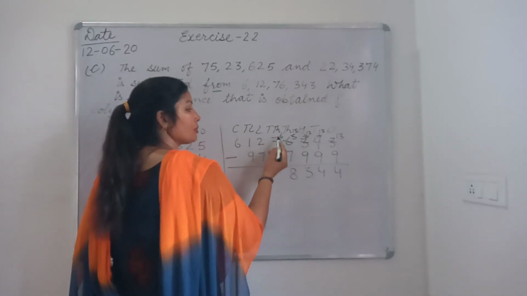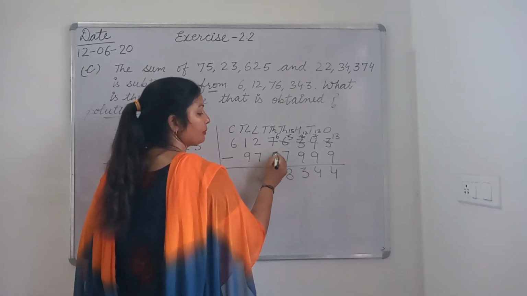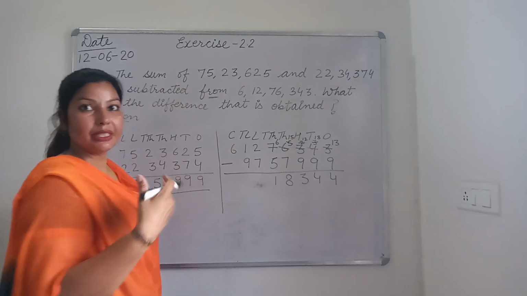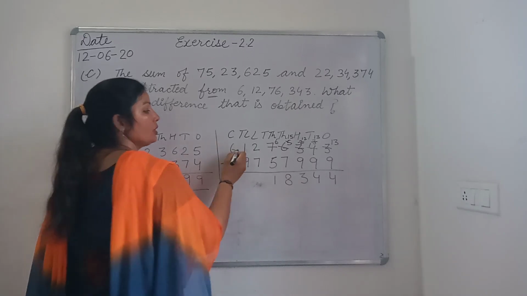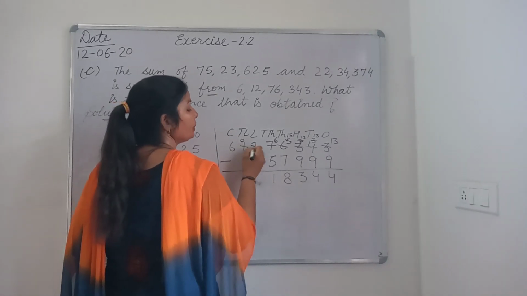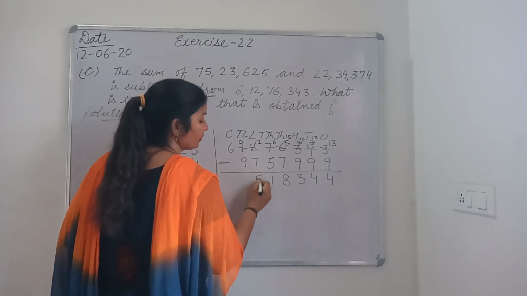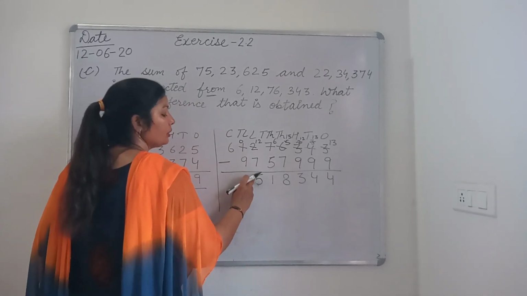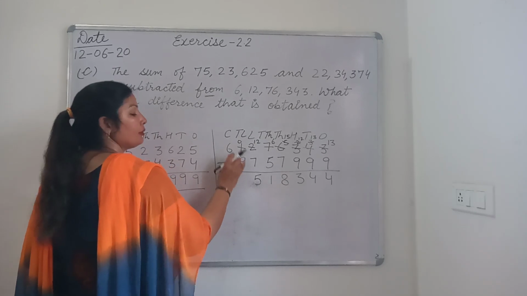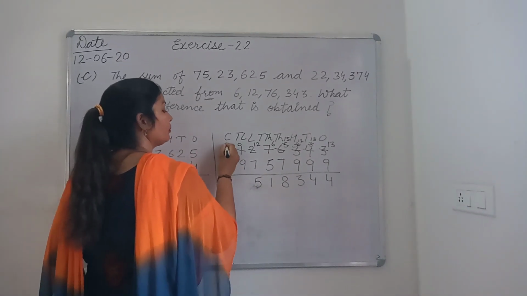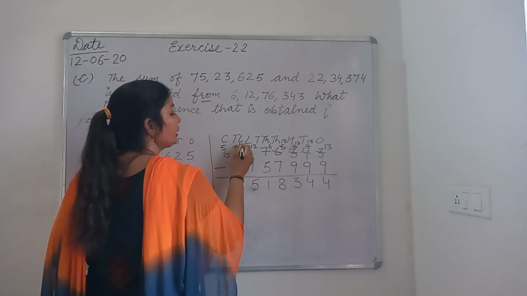Now 15 minus 7, 8. Now 6, from 6 we can subtract 5. So 6 minus 5 is 1. Again 2 minus 7 we can't subtract, so we will take a borrowing. So there will be 0 and there will be 12. Now 12 minus 7 is 5. Now again we can't subtract 9 from 0, so we will take a borrowing. So there will be 5 and there will be 10.